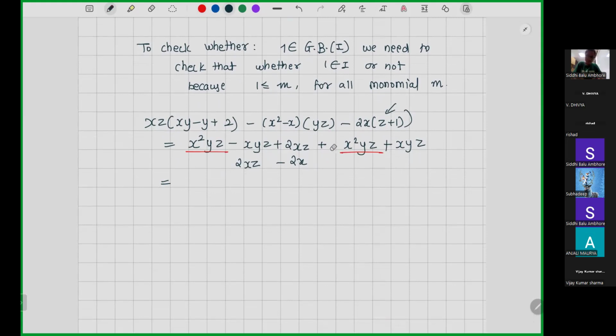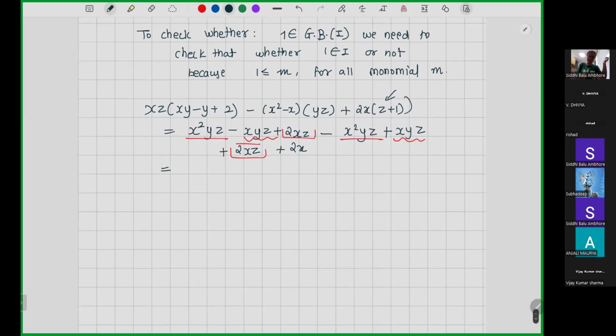Here it is minus plus, yeah, it's correct. And then this xyz gets cancelled, and this xz as well. Let me just box this. I have to adjust the minus. Here plus, here plus. So I have 2x here, and when I multiply it by 1 by 2, this entire term, I get this x which you needed.